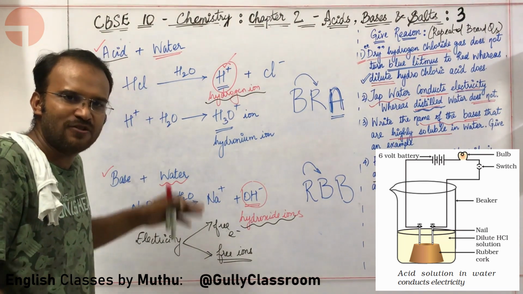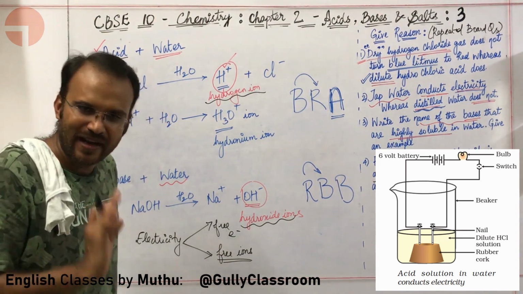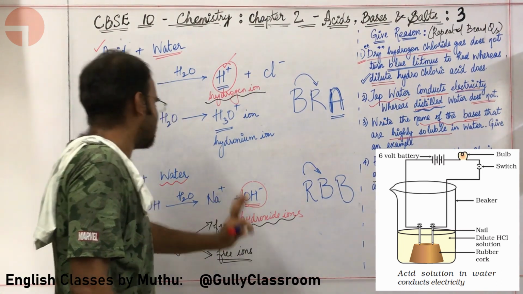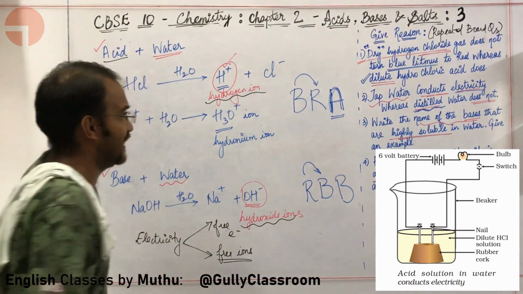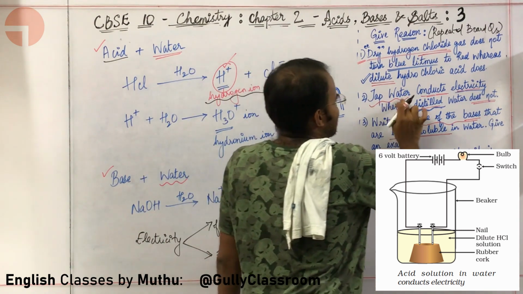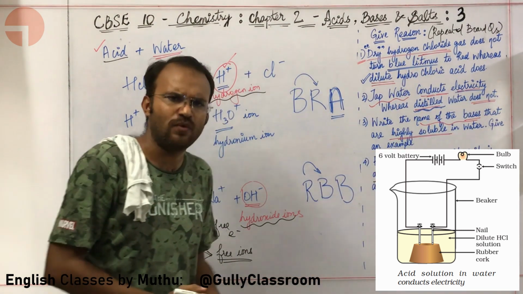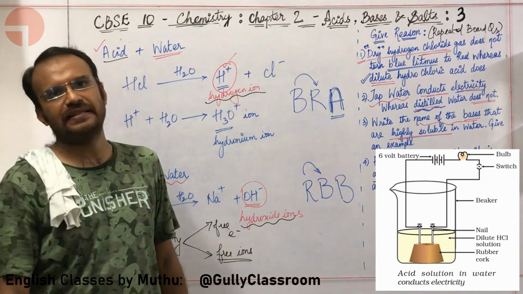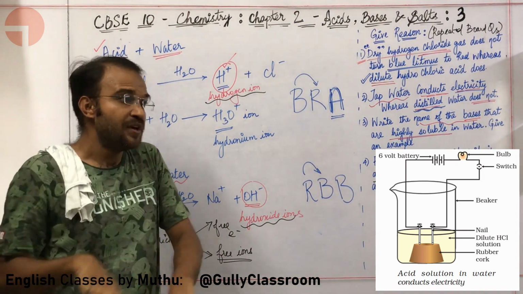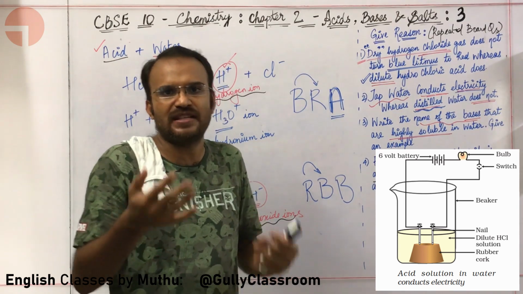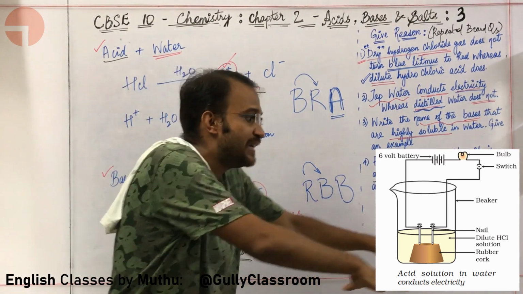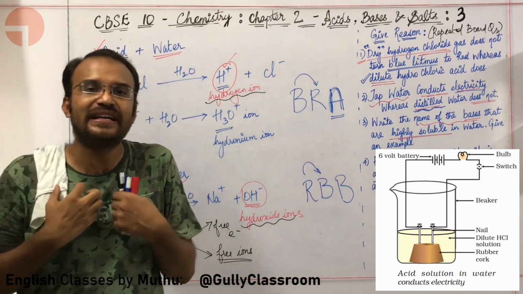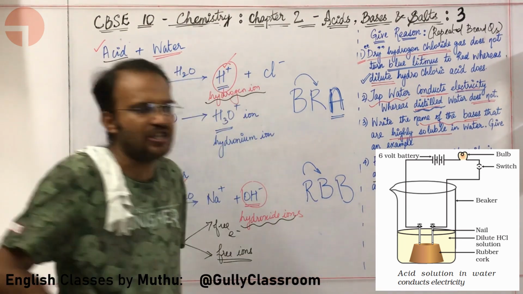What are the free ions present in an acid? H+ or hydrogen ions. What are the free ions present in a base? OH- or hydroxide ions. Okay, let us get back to the question. Tap water conducts electricity. Why? Tap water contains a small amount of acids and bases. How, sir? Most of the acids and bases we get from the minerals in the soil.